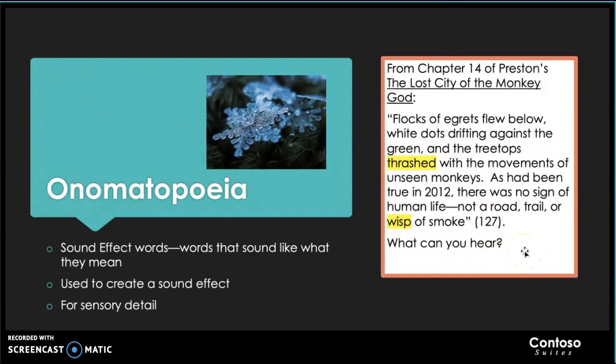"Flocks of egrets flew below, white dots drifting against the green, and the treetops thrashed with the movements of unseen monkeys. As had been true in 2012, there was no sign of human life, not a road, trail, or wisp of smoke." Right? You can hear that, right? You can hear the thrashing, and you can hear wisp. So onomatopoeia. Bang, boom, right?